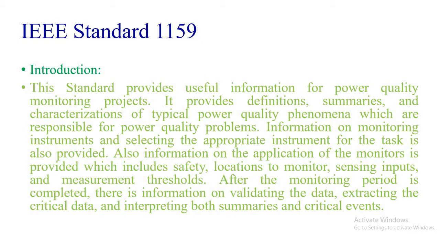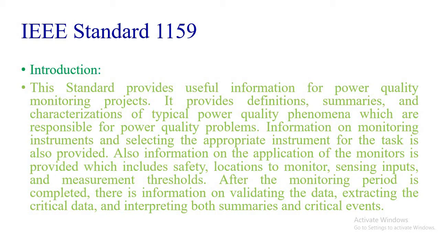That also includes safety, locations to monitor, meaning at what location the power quality is to be monitored, that location is suggested, then sensing inputs, measurements, thresholds, etc. After the monitoring period is completed, there is information on validating the data, extracting the critical data, and interpreting both summaries and critical data.